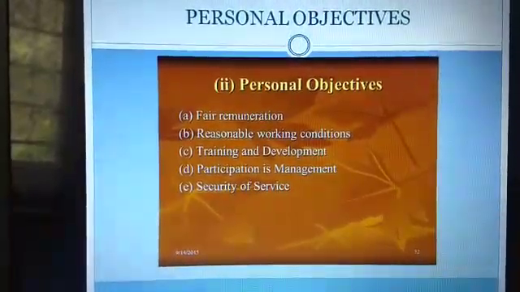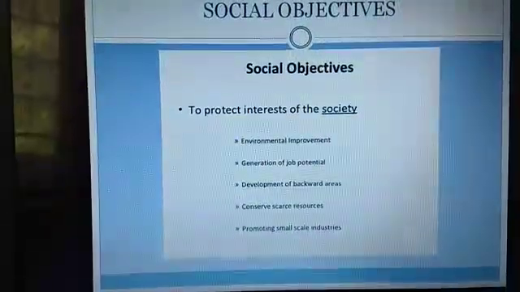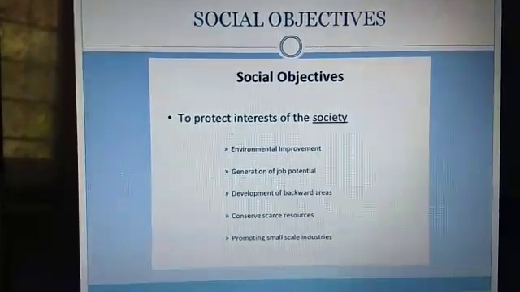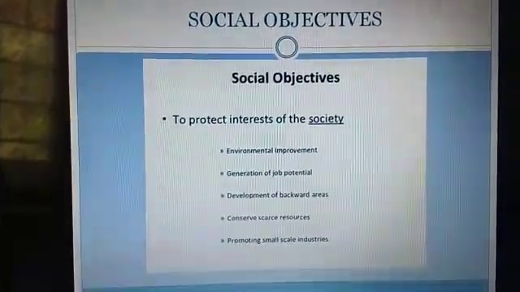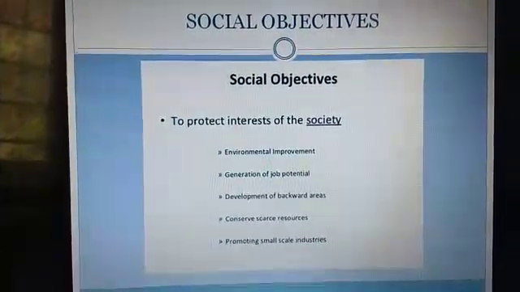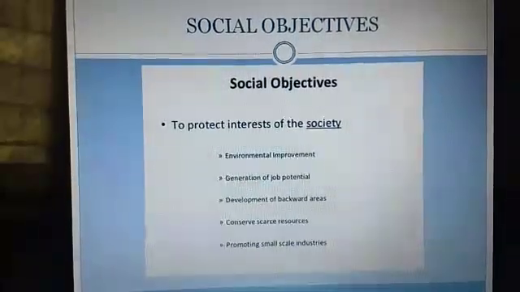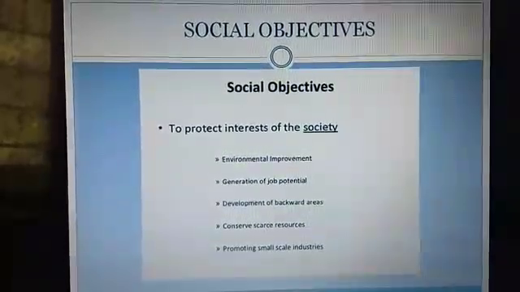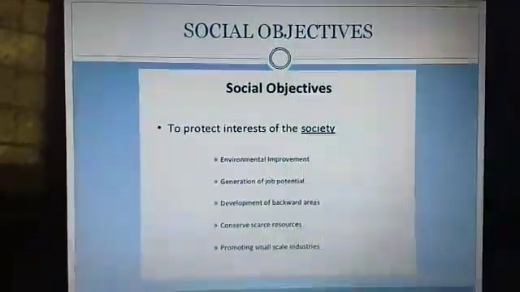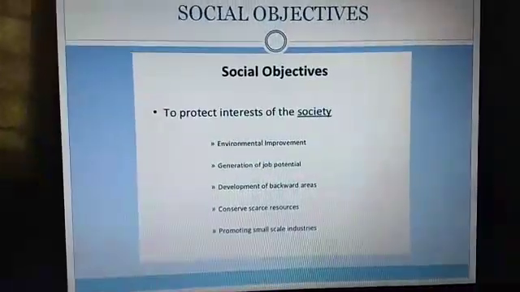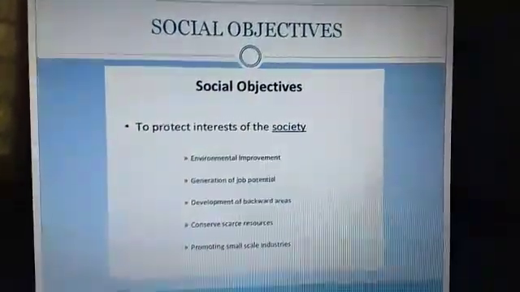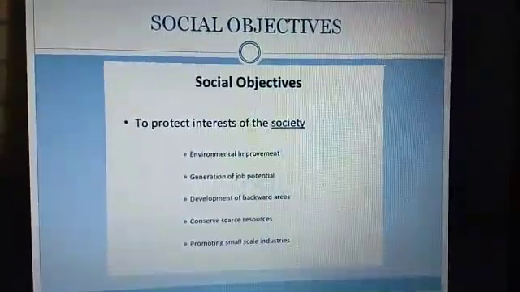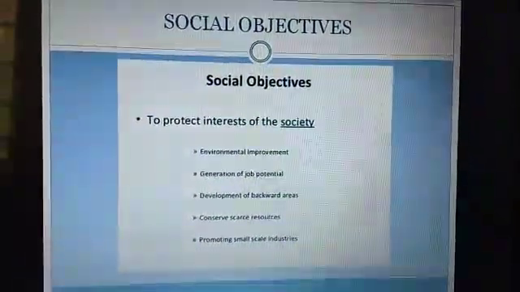Last but not the least, and the most important, I would say, are social objectives. Social objectives of an organization mean to provide good service to the society, because no business can be done in isolation. So for a business to run for a long period of time, it must provide service to the society.